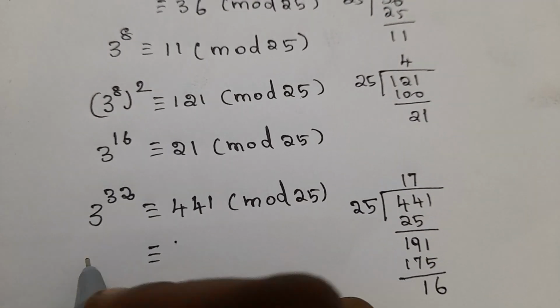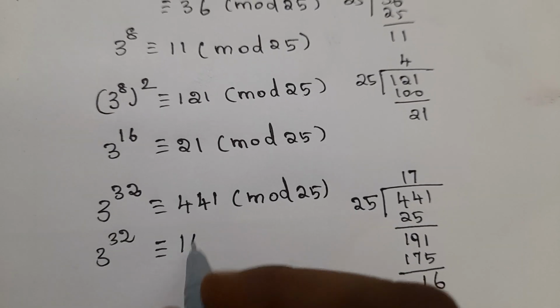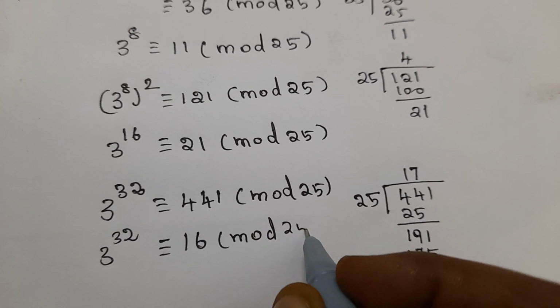So 3 power 32 is congruent to 16 mod 25.